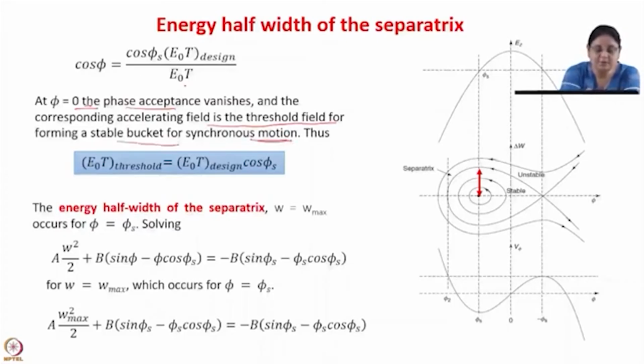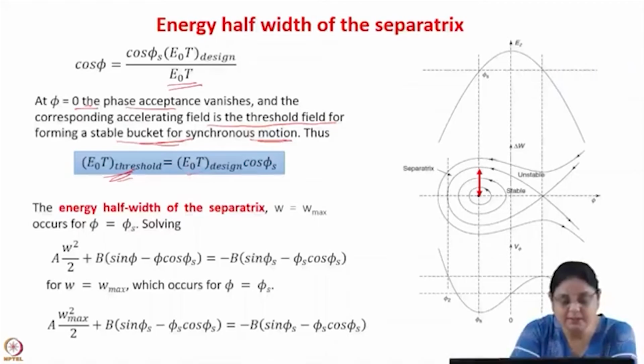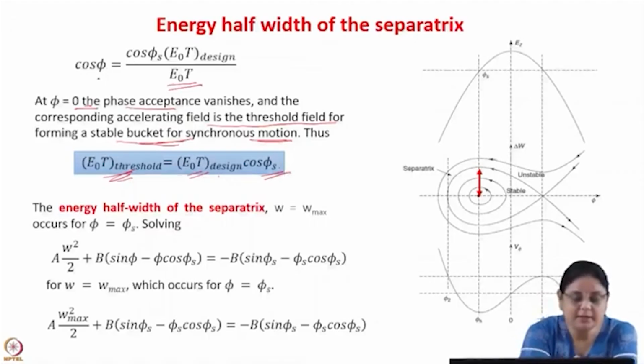Thus from here you can calculate the value of the threshold field, the field that should not be exceeded in order to have stable motion in the linac. So E0T threshold is given by E0T design times cos phi s. This is obtained by putting phi is equal to 0.